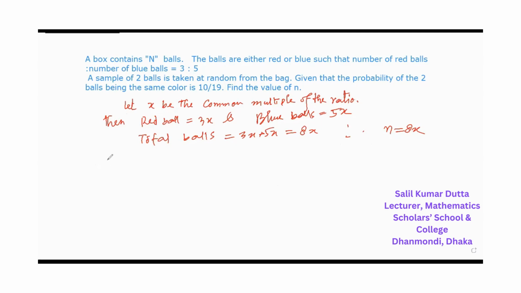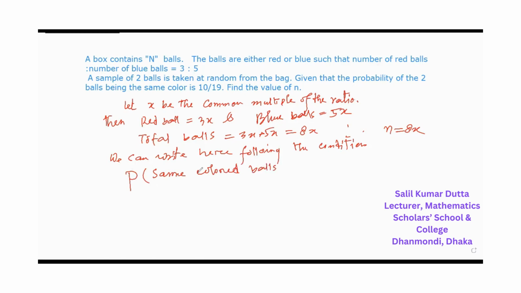So we can write here, following the condition: probability of same colored balls equals 10/19.